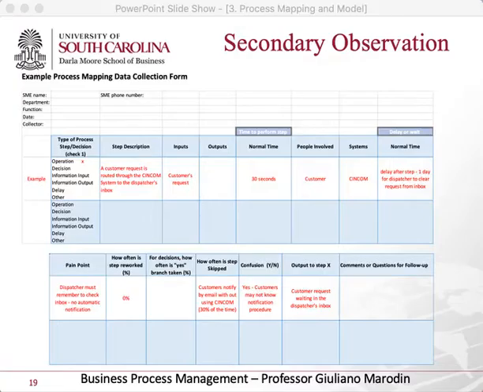Okay. So quite often we create some forms to help collect data. So this is one example of a secondary observation form where we have columns. Imagine that this is just one example line, and it's an operation. You have the description of the process, inputs, outputs, how long it takes, who's involved, what system.